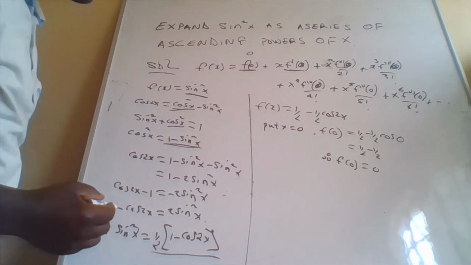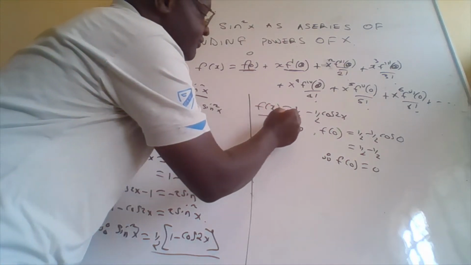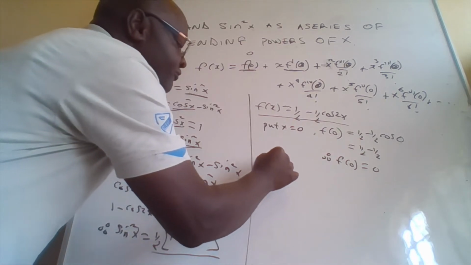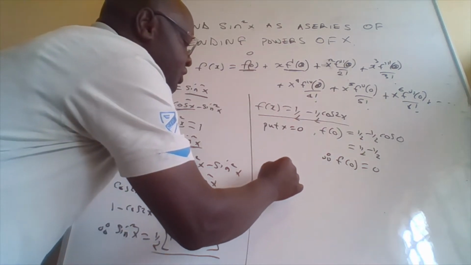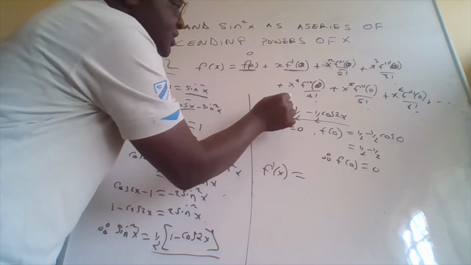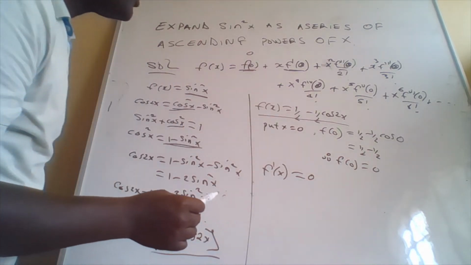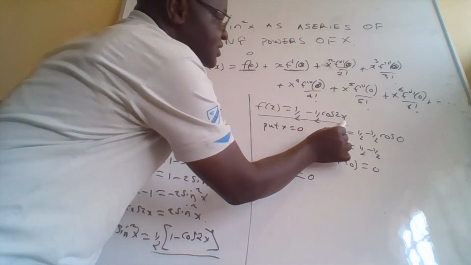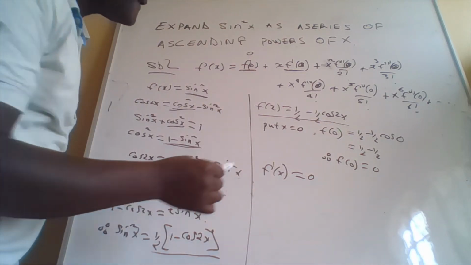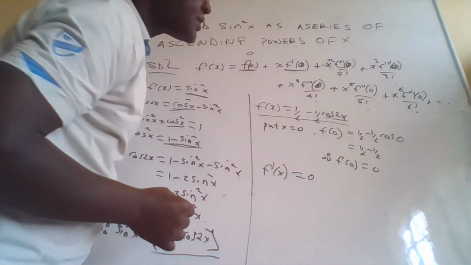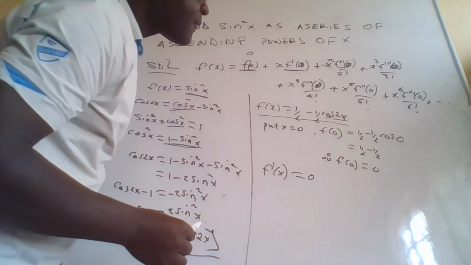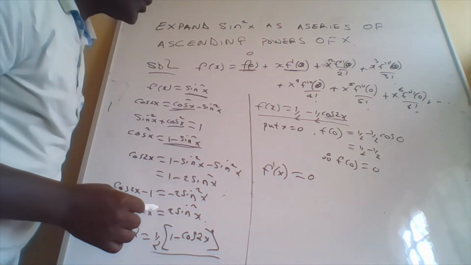How do we get f of naught prime? We differentiate this equation. So our f prime of x will be equal to, when you differentiate a constant which is a half, you get 0. And then you want to differentiate cos 2x. For us to differentiate cos 2x, we shall apply the chain rule.